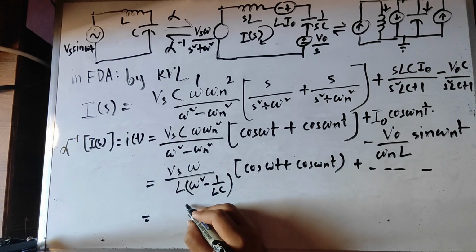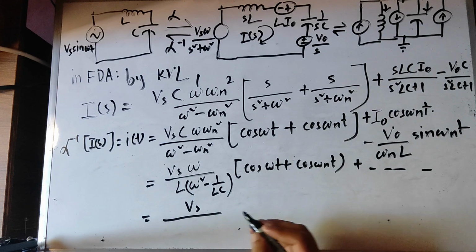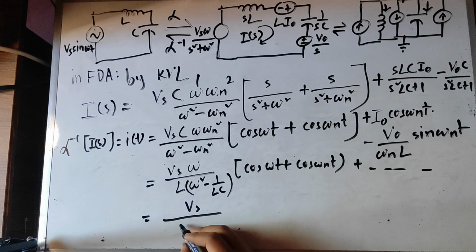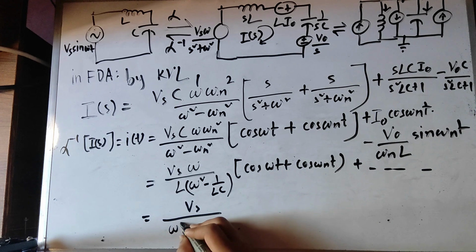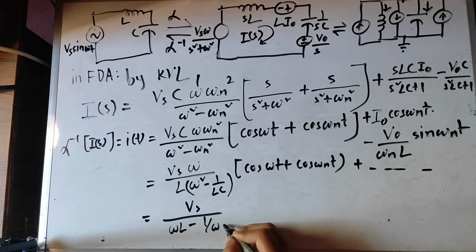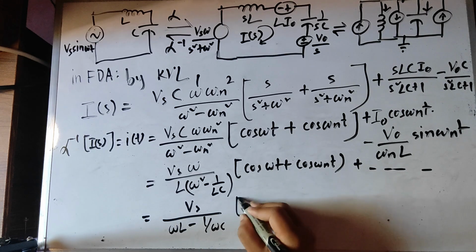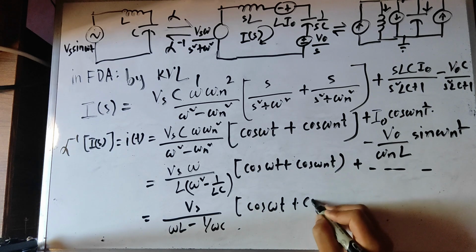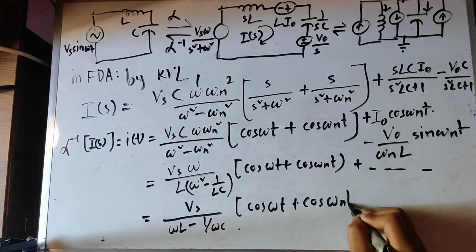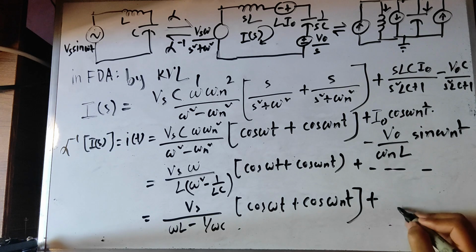If we rearrange this, it gives us the same: Vs / (omega L minus 1/(omega C)) times cos omega t plus cos omega n t plus so on.